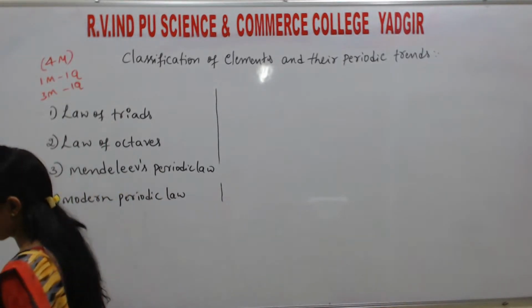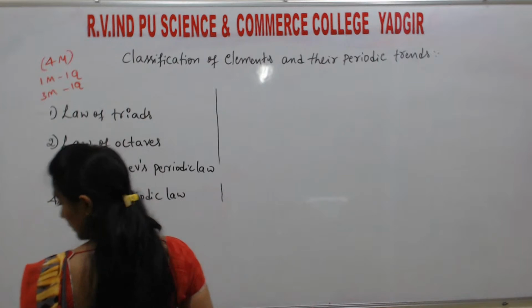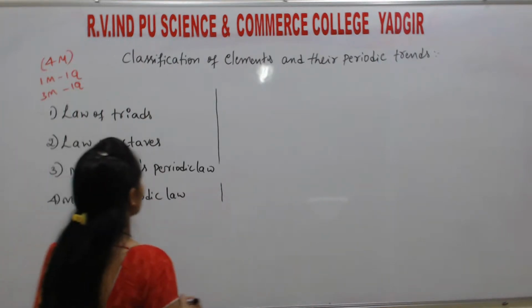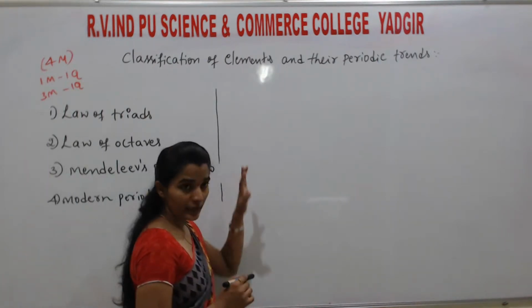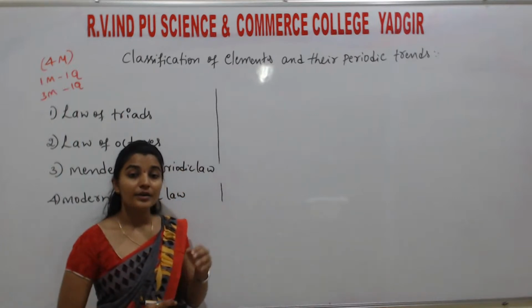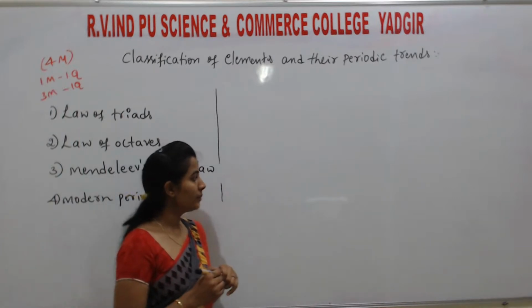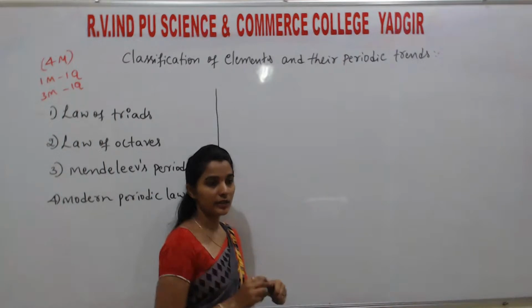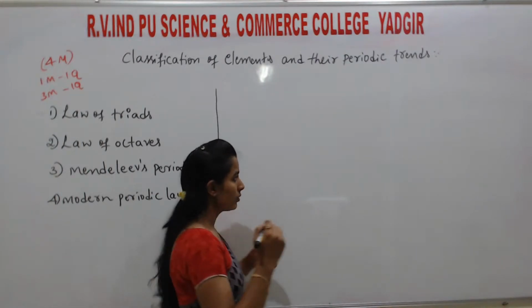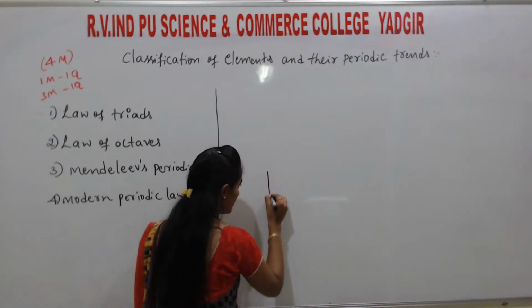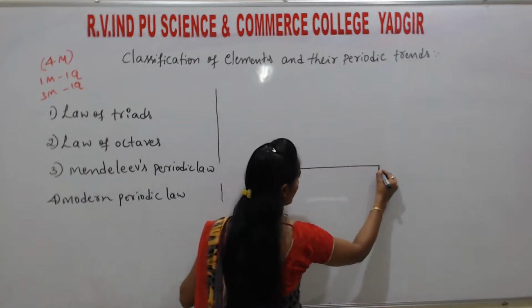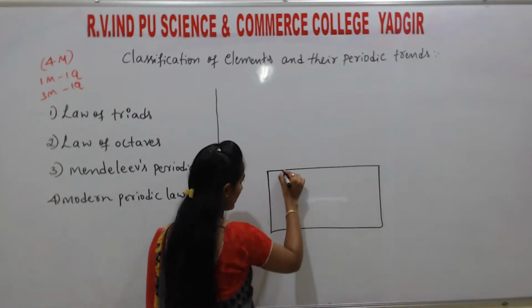So students, how is Mendeleev's periodic table formed? Listen, Mendeleev, the scientist, tried to arrange the elements based on their physical and chemical properties. So first he considered a table like this.